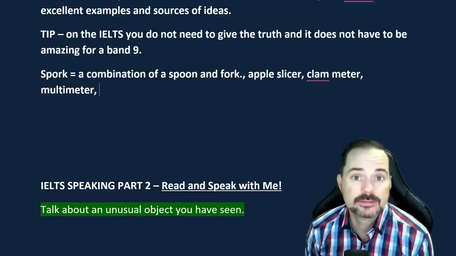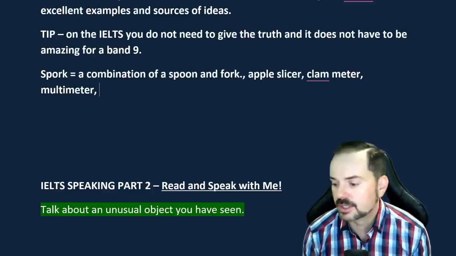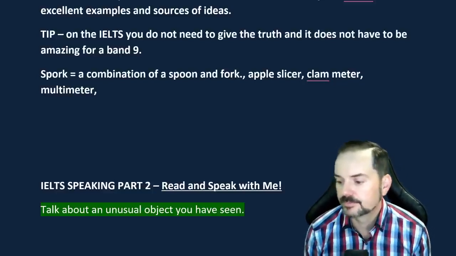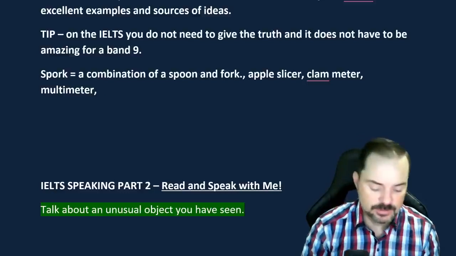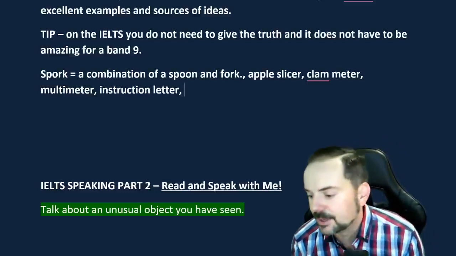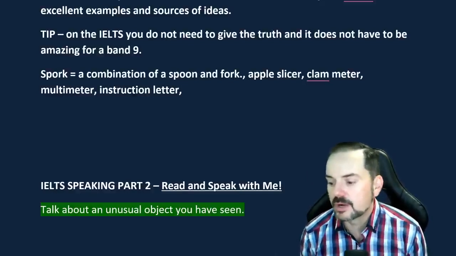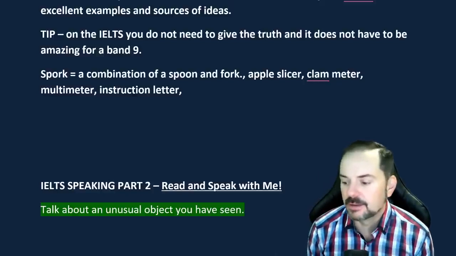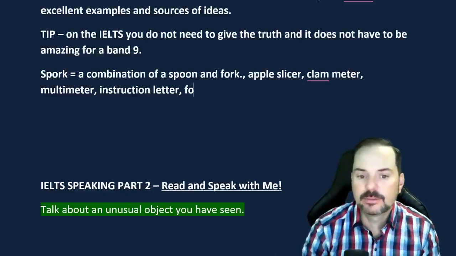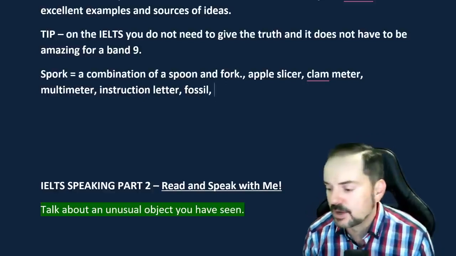In medicine, there are lots of unusual objects as well. Okay, Rita, I'm not sure what you mean by an instruction letter, but we can put it up there. Okay, Dwee says a rock with animal fragments. Dwee, I think you're thinking about a fossil, and that could be good. Dinosaur fossil.